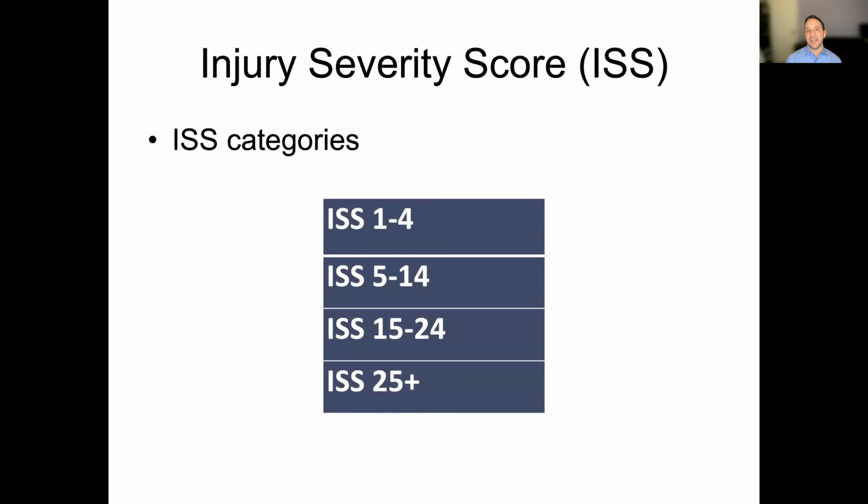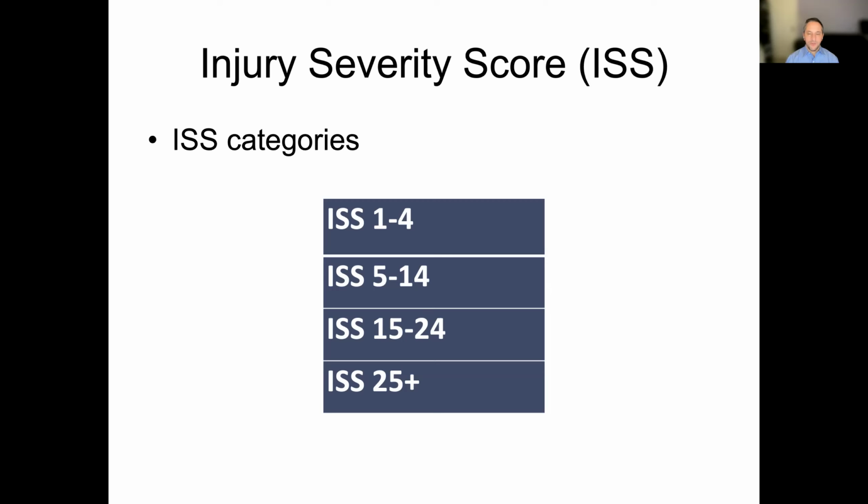Here are some common ISS categories that are used when categories are used. As you can see, this is a rough proxy to what the max AIS score might be. Some patients have multiple injuries, but many may only have one. And so as you can imagine, an ISS of 1 to 4, 5 to 14, is a mild to moderately injured patient.